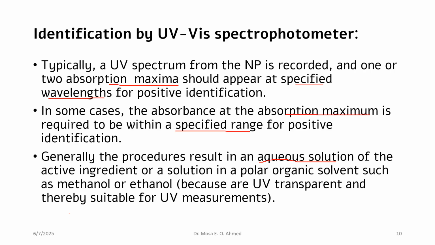Generally we use a polar organic solvent such as methanol or ethanol because they are UV transparent and suitable for UV measurement. They do not absorb the UV light.